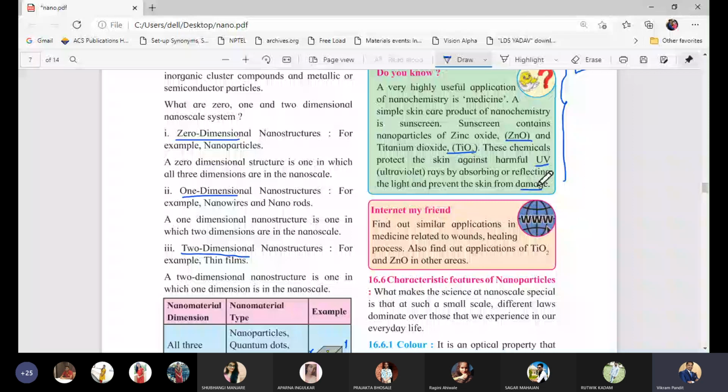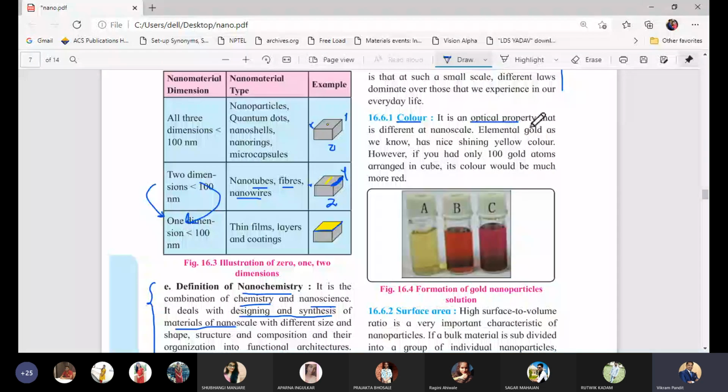Now, there are so many physical and chemical properties, so we are going to see them one by one. Now in the characteristic features or properties, these colors, this is the example of a gold nanoparticle. Okay, so if these colors are visible to you, this color is nothing but an optical property, right? Color comes under the optical property. So if gold is a nanoparticle, it will be like a yellowish color, right?